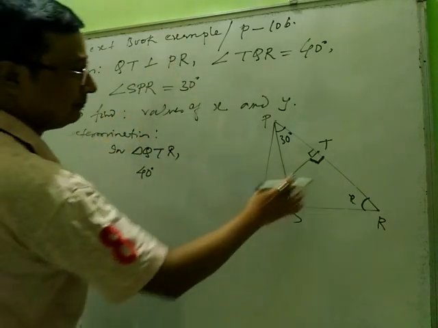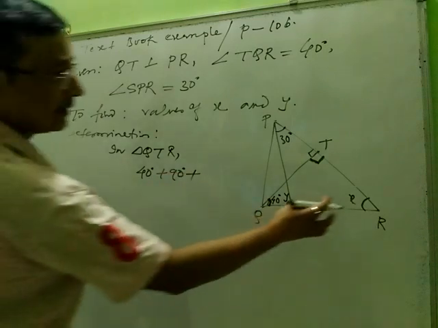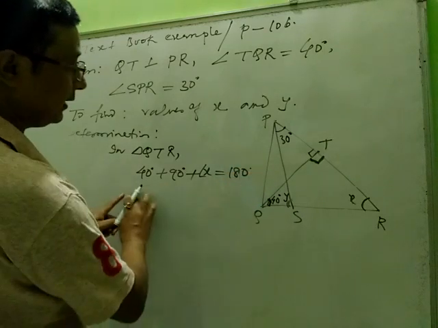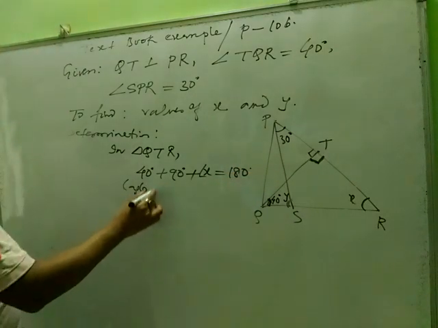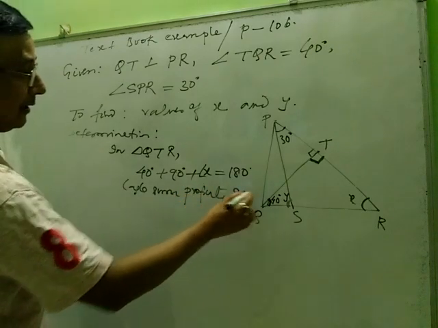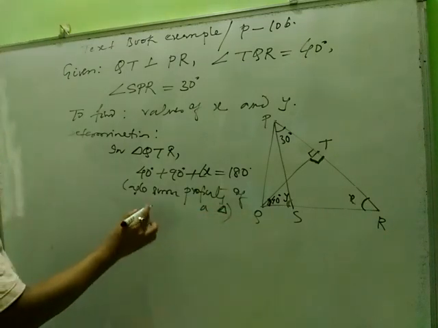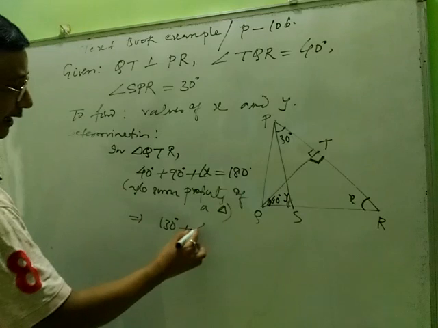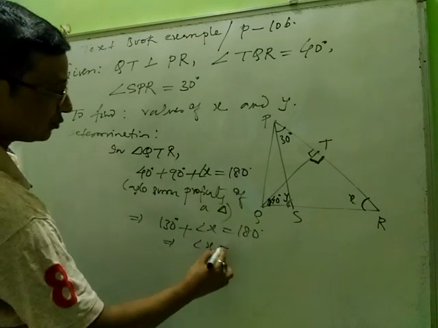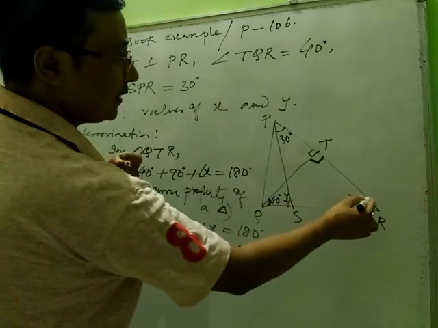So 40 degrees plus 90 plus angle X equals 180, due to the angle sum property of a triangle. So this gives 130 plus angle X equals 180, so angle X equals 50 degrees. Taking this one to that side, you will get 50 degrees.